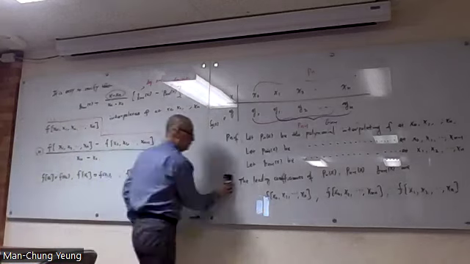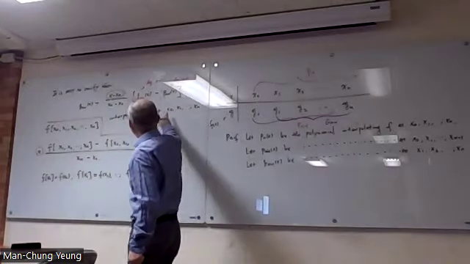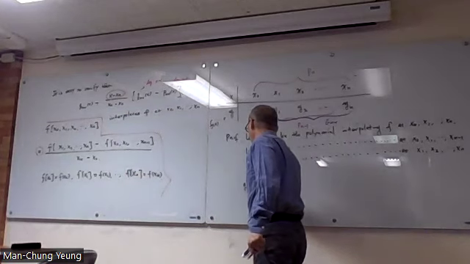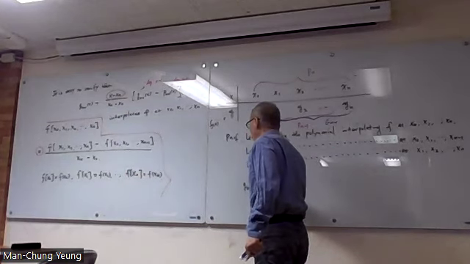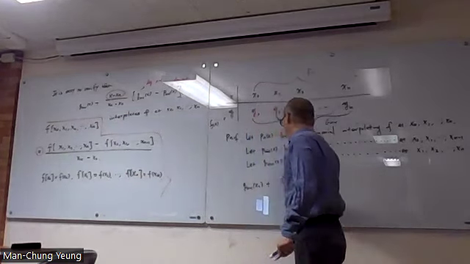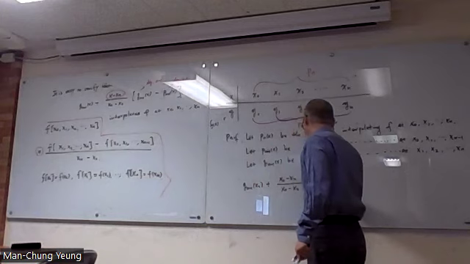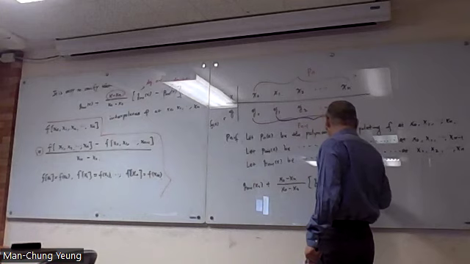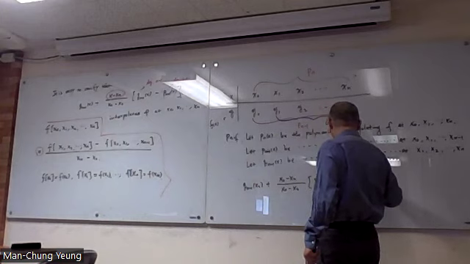Then we have Q_{n-1}(x0) times (x0 minus xn) minus (x0 minus x0) times Q_{n-1}(x0) minus P_{n-1}(x0).